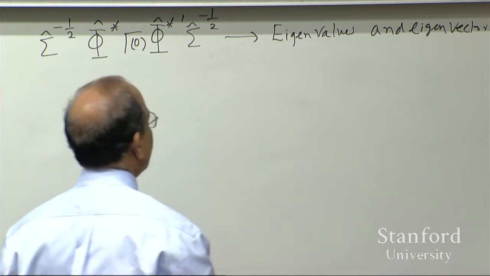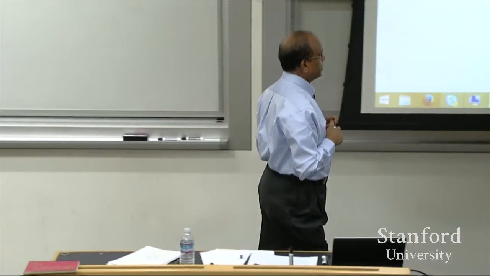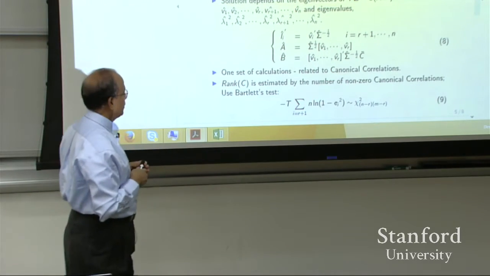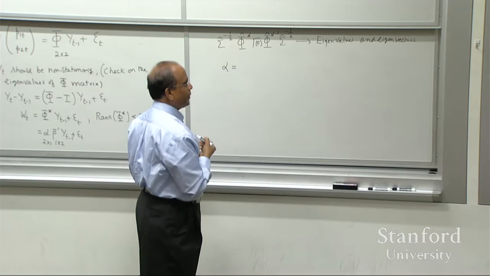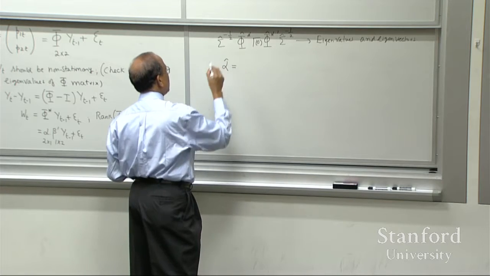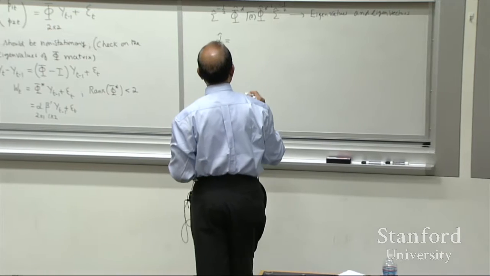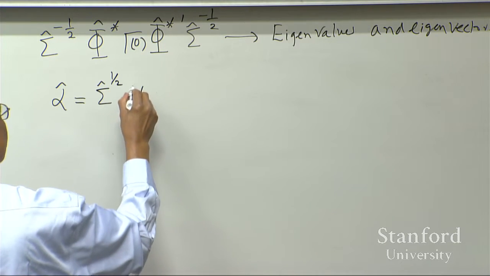Okay. So if the eigenvalues and eigenvectors are given by these quantities here, lambda squared and so on, and a hat and b hat are given by that equation. So here we are looking at rank equal to 1, and based on this you can say that alpha hat is going to be sigma hat to the power 1 half times b hat 1.